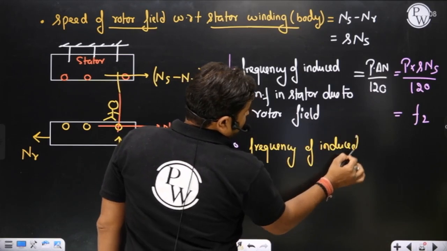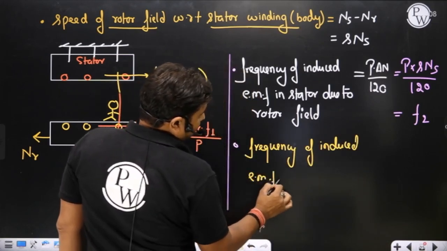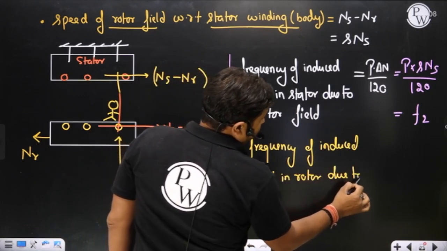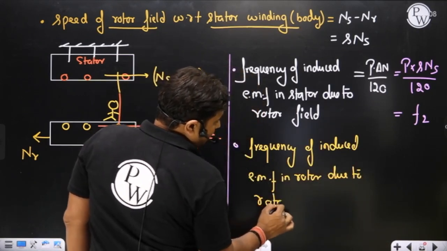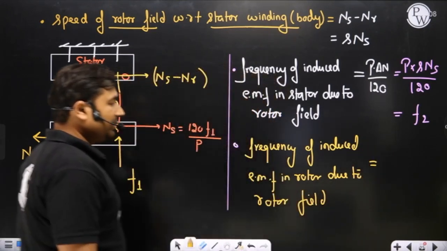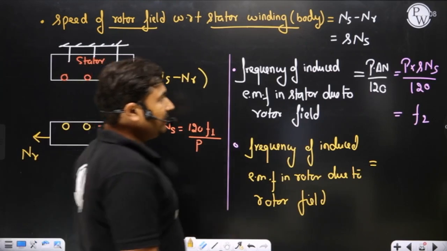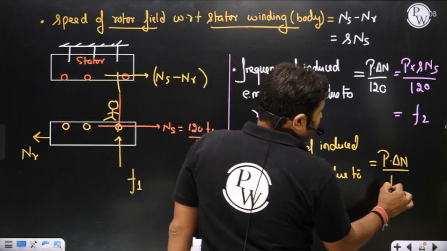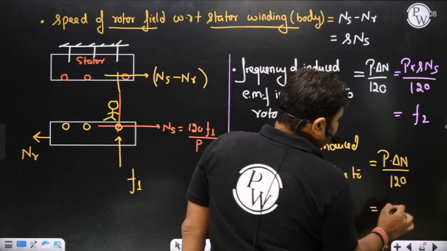Now, the frequency of induced EMF in the rotor due to the rotor field. Again it depends upon P delta N by 120, where delta N is the relative speed between field and winding.